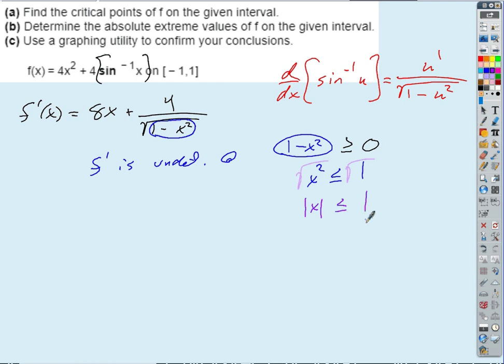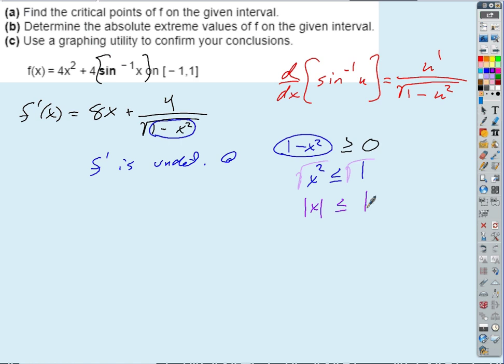Okay. Now think back to when we solve an absolute value inequality of this type. If I have an isolated absolute value that's less than a number, that becomes an and compound inequality, right? Because really what this means is the distance between x and 0 has to be less than or equal to 1, right? So that distance is bound between positive 1 and negative 1, right?